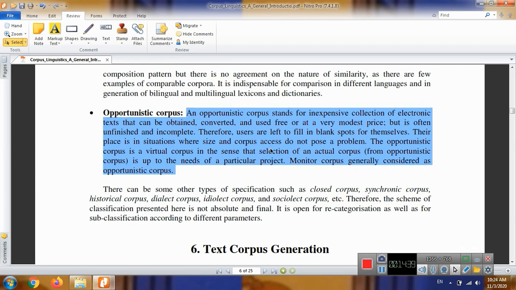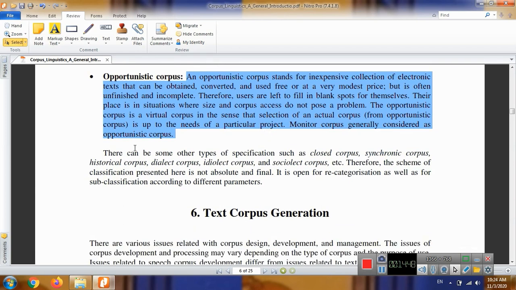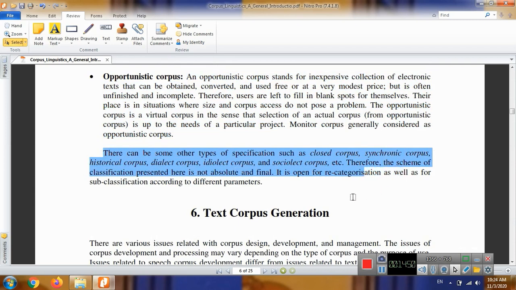Here, the opportunistic corpus has its own features and characteristics which you should know. But there are some other types of specifications such as closed corpus, synchronic corpus, historical corpus, dialect corpus, idiolect corpus, sociolect corpus, etc. We have different types of corpus.